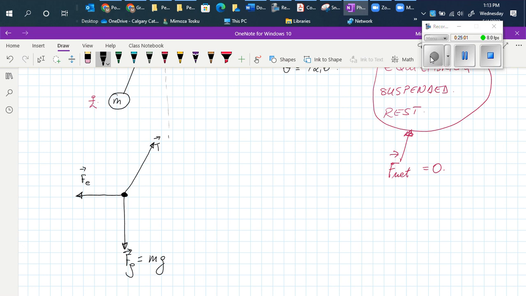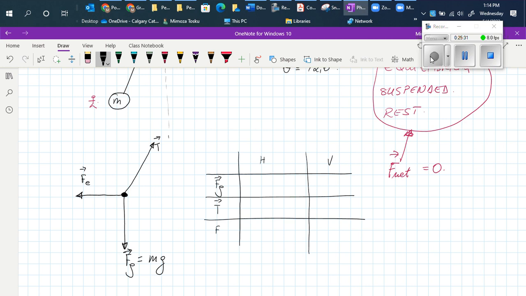This is a 2D situation, which means that the easiest and best way, the one that always gives you the correct answer because it has a structure, is completing the table of components. So this will be force of gravity, then tension, and then electrostatic force. Since we are done with all the forces, we have force net.